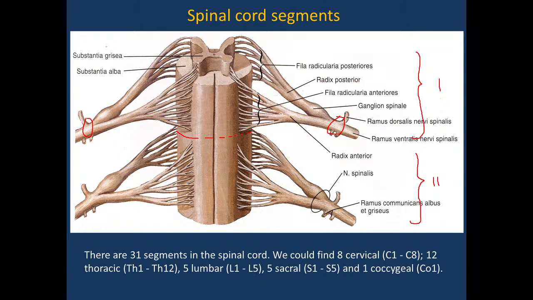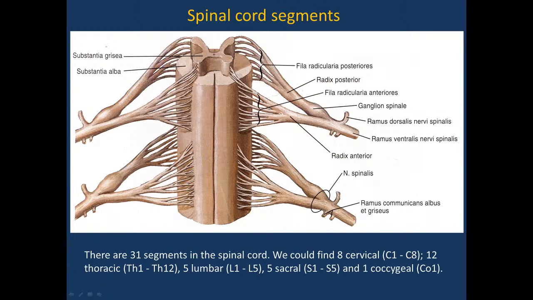As you see, each segment has two spinal nerves and four roots: 1, 2, 3, 4.